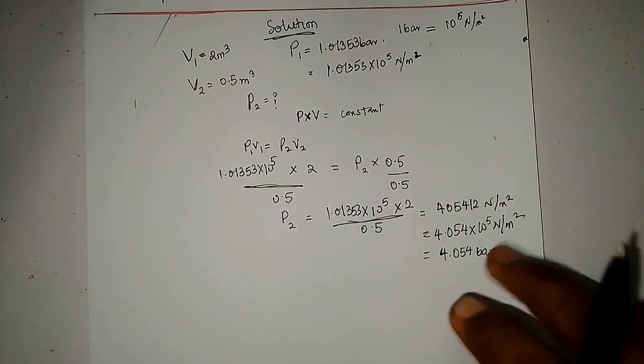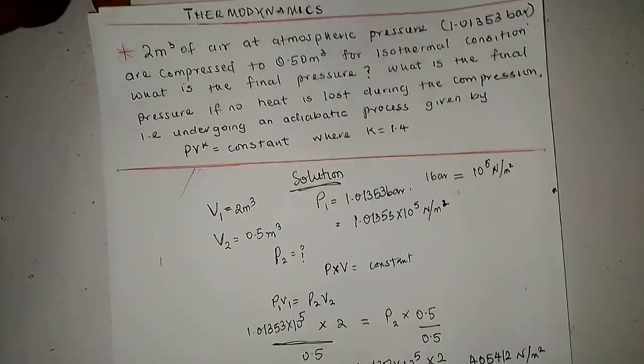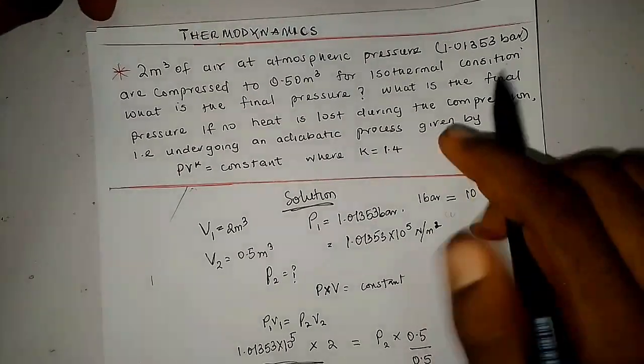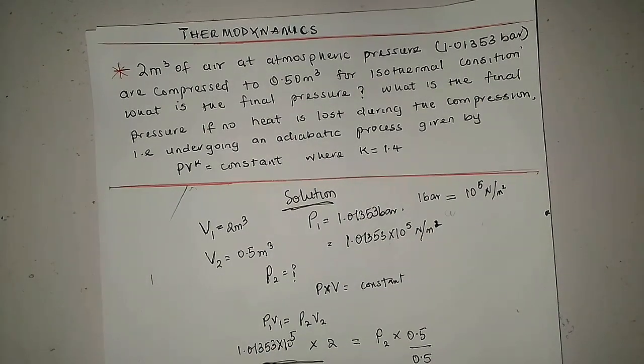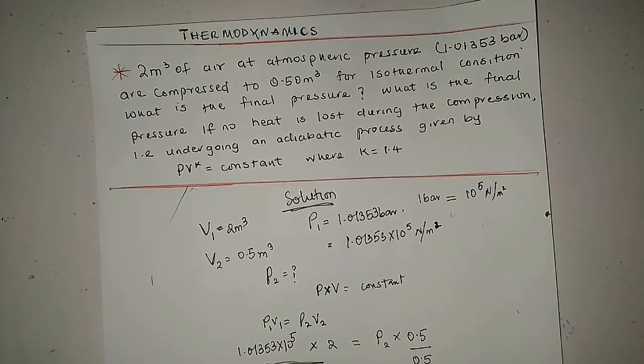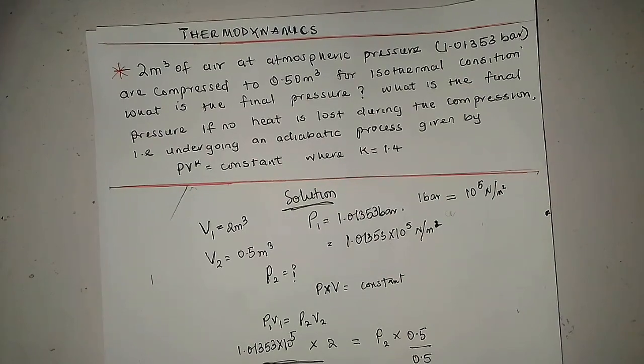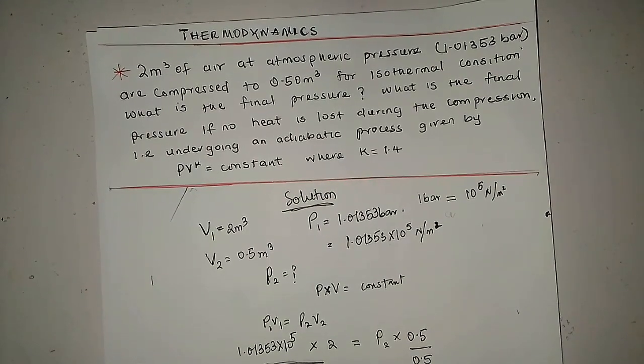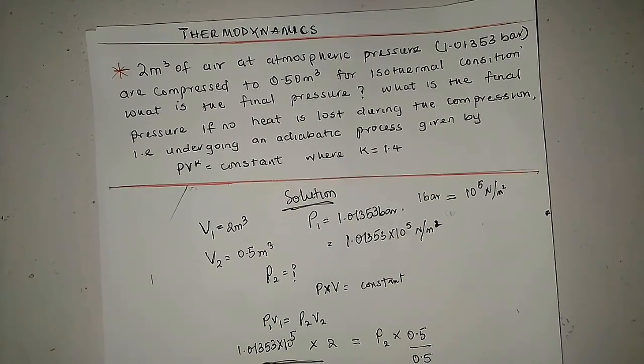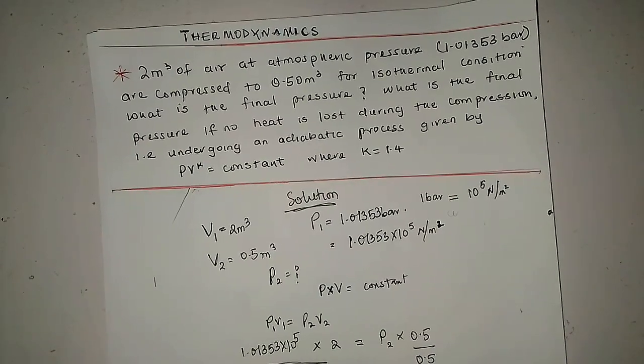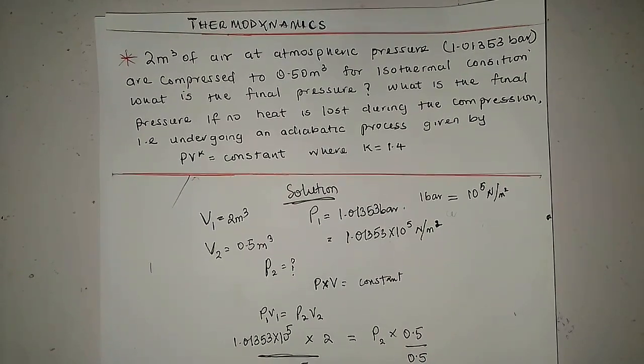Now let's go back to our second question, which says, what is the final pressure if no heat is lost due to compression? In this case, we're talking about an adiabatic process. An adiabatic process is a process in which there is no heat change from the system or within the system and the surrounding.